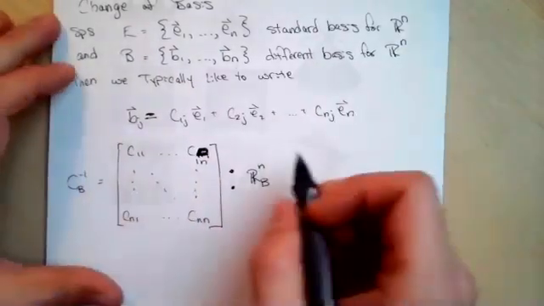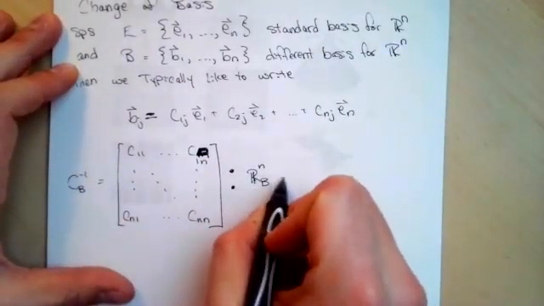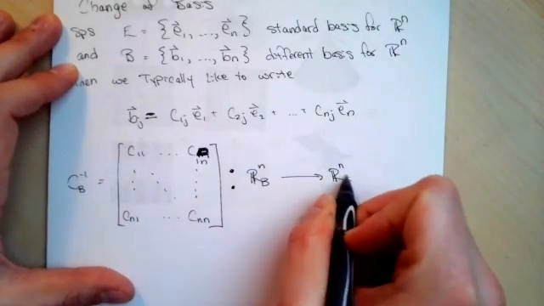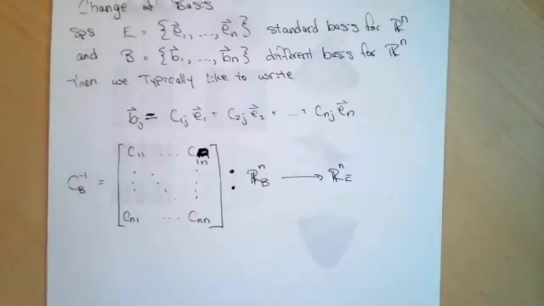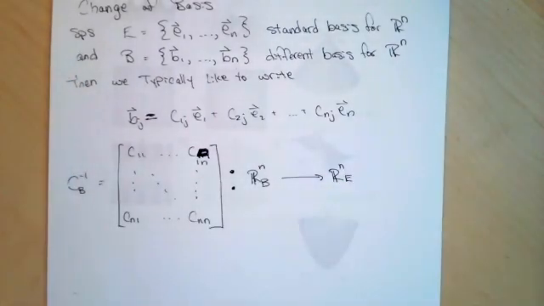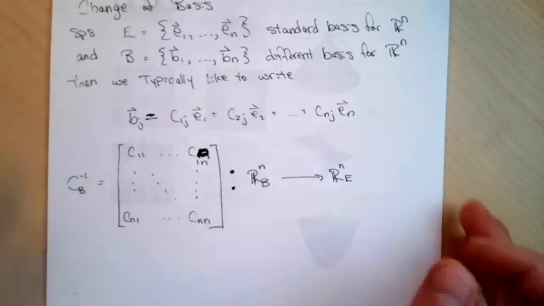So this is going to give us a transformation from the basis B to the basis E. This might seem a little backwards, so maybe let's do a concrete example. I don't think I have one written, but we can just make one up here.